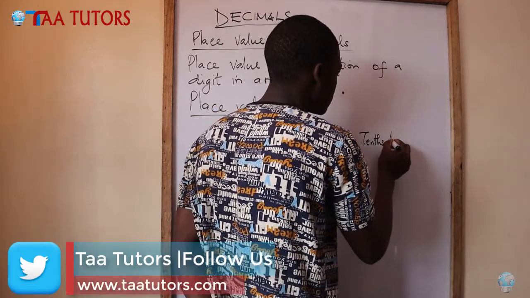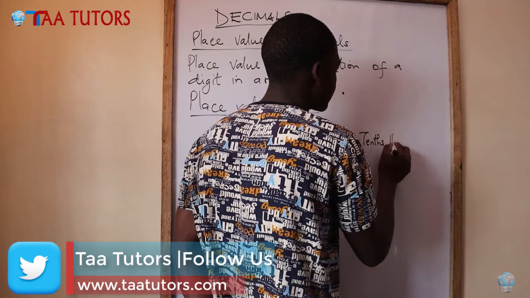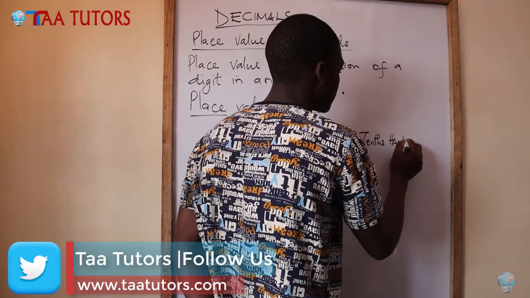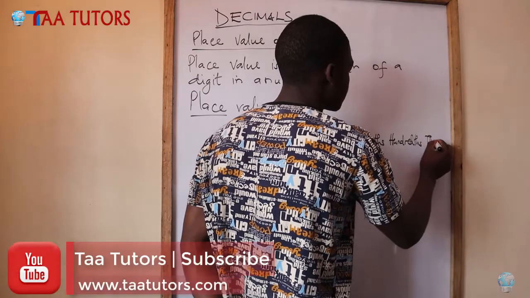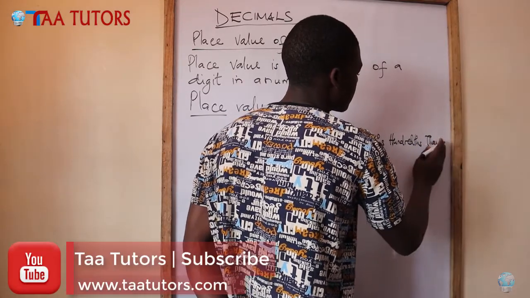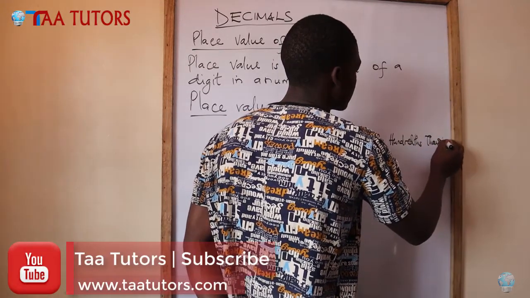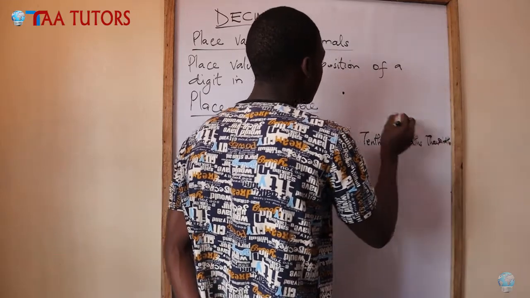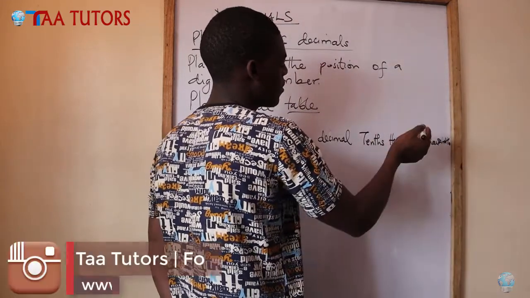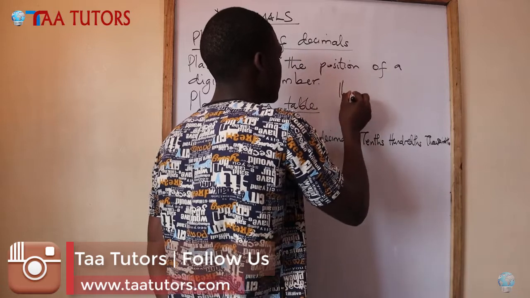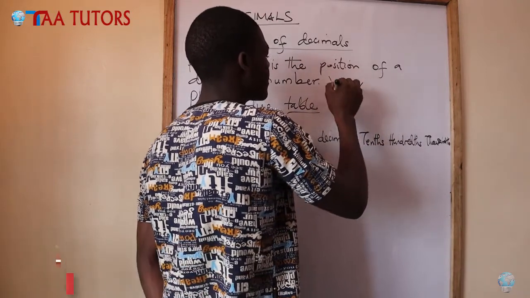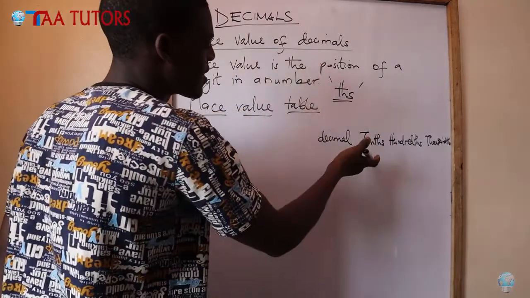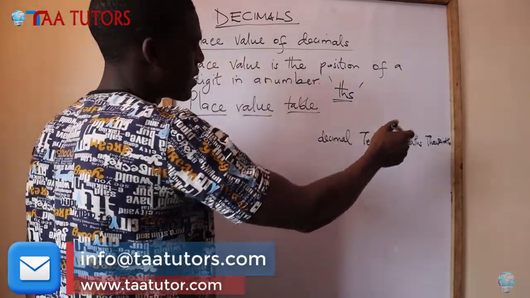Then we move to hundredths, then thousandths. Always the place values of decimals, the word ends with this sound: tenths, hundredths, thousandths, and it continues.